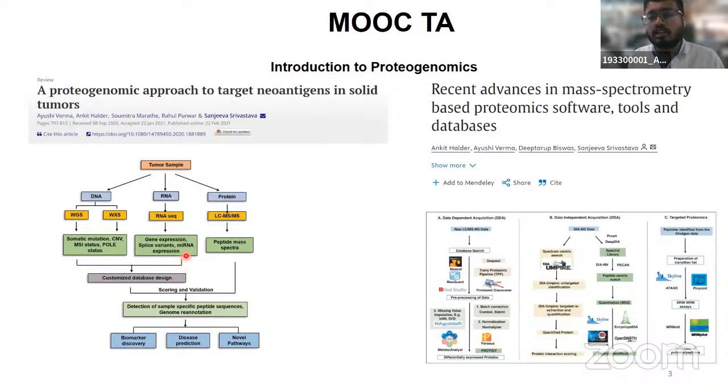And of course, you are hearing the terms precision medicine and precision therapeutics to reduce the side effects. All of this can be done with the help of proteogenomics.